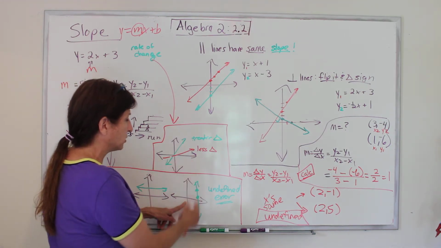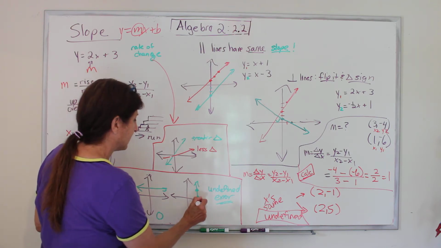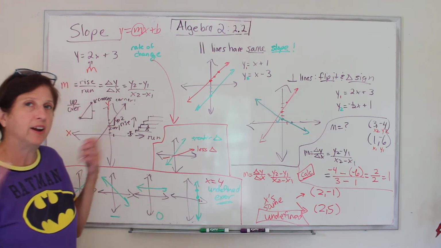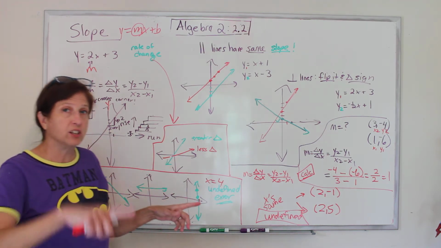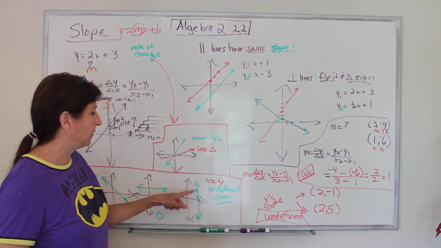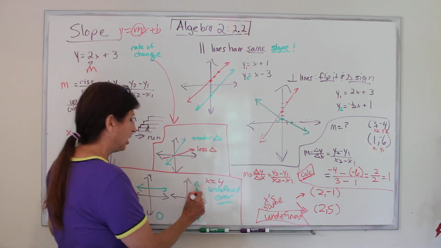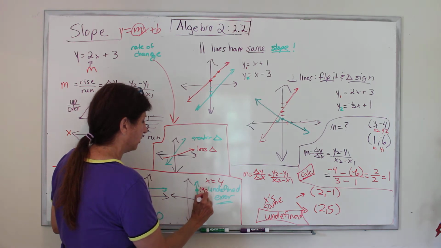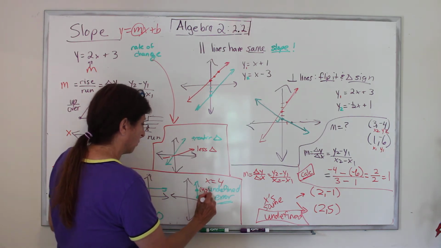But what about if it goes straight up and down? Say this line looks like it's x equals 4. Is it a line? Can we graph it? Yes. Is it a function? No. And its slope, if you divide this, say this is at 4, 2, and this one's at 4, 1.